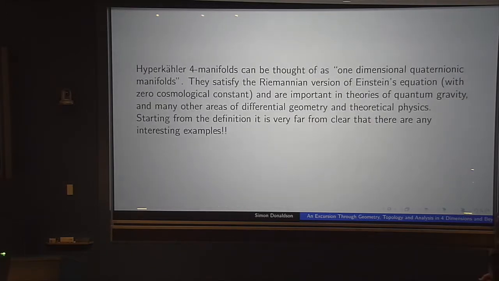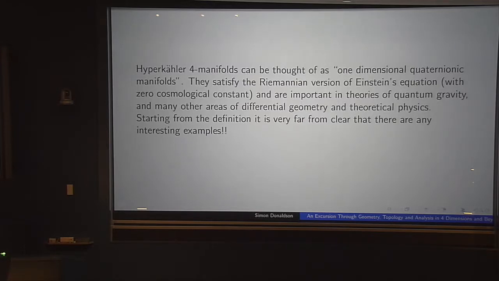In any case, these are important things. They can be thought of as one-dimensional quaternionic manifolds in a certain sense, and they satisfy the Riemannian version of Einstein's equation without the cosmological constant. And they're important in theories of quantum gravity, for example, and many other areas of differential geometry, algebraic geometry, and theoretical physics.